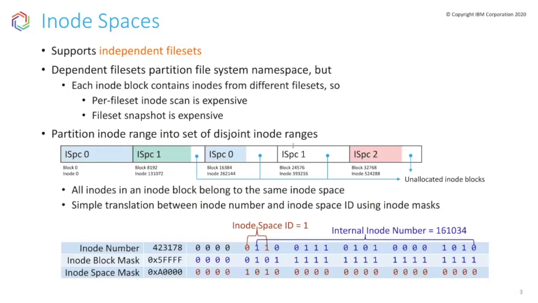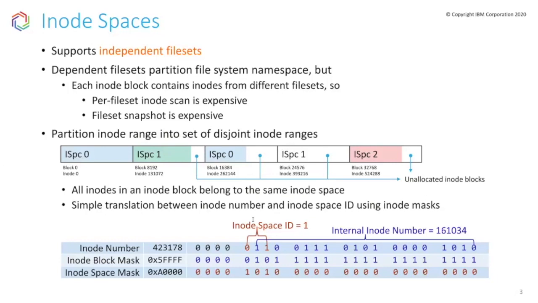This can be a hole in the inode file, and if inode space 1 grows further beyond the 8192 blocks, then it can start to use this section of the inode space, and it gets inode blocks allocated over there.